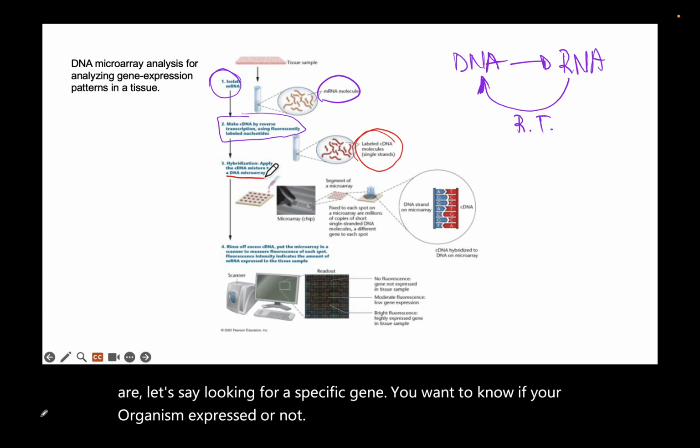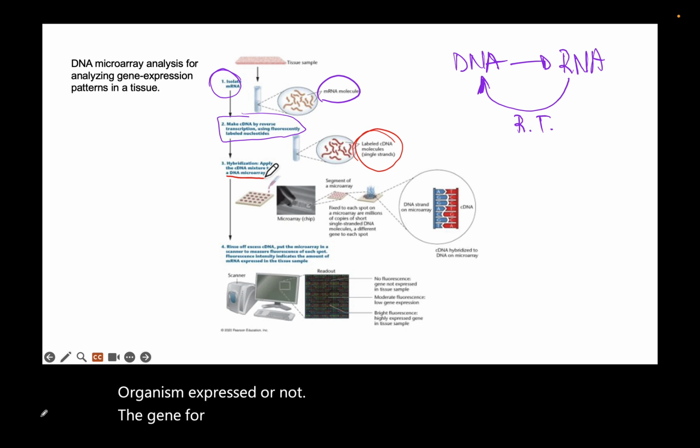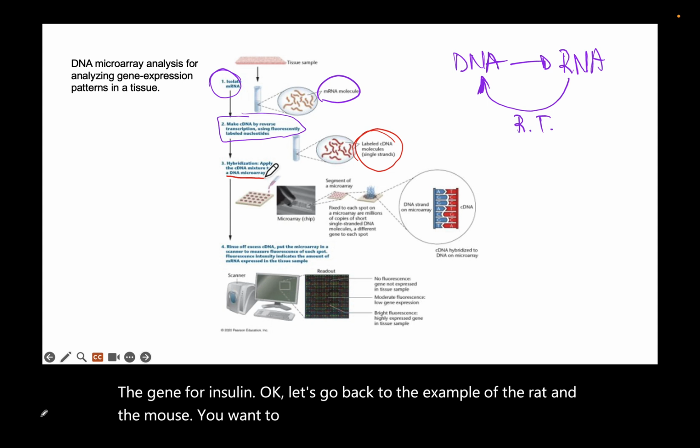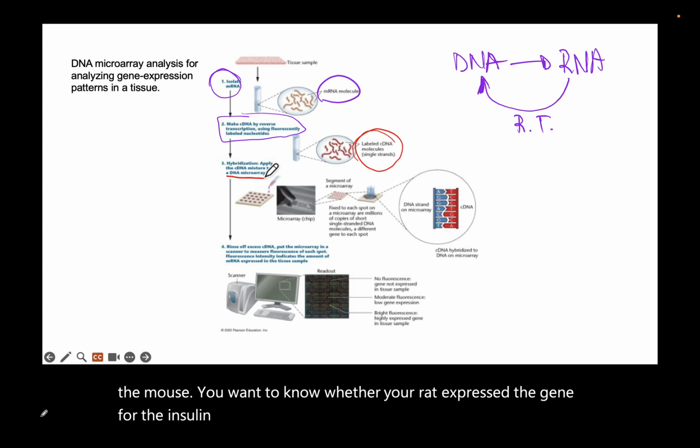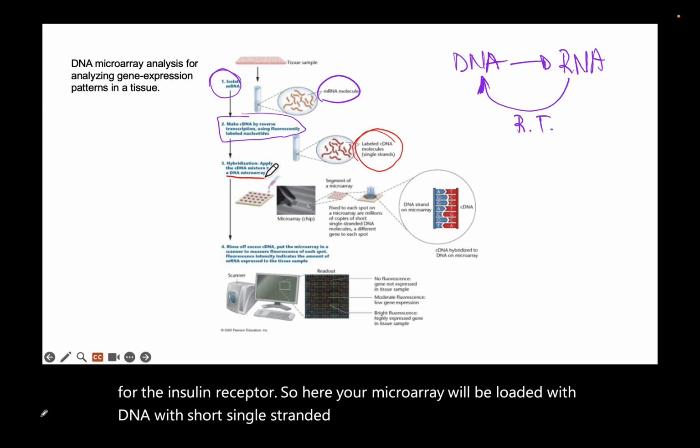the gene for insulin. Let's go back to the example of the rat and the mouse. You want to know whether your rat expressed the gene for the insulin receptor. So your microarray will be loaded with short single-stranded DNA containing the gene of interest.